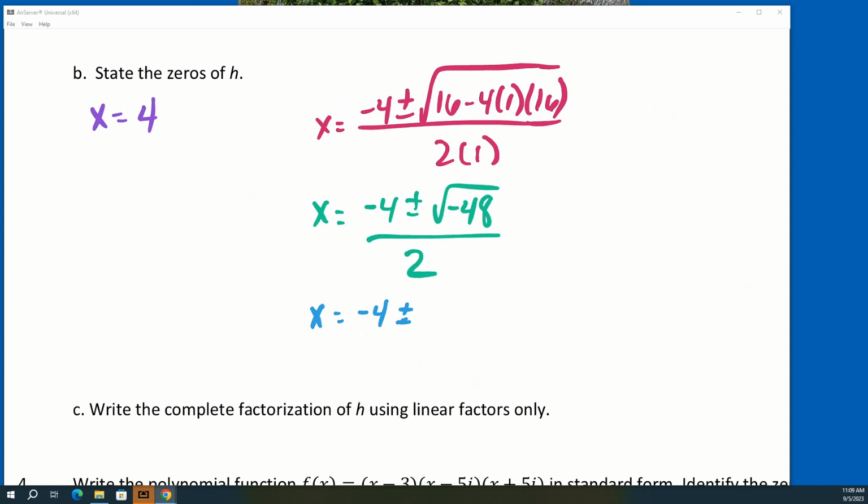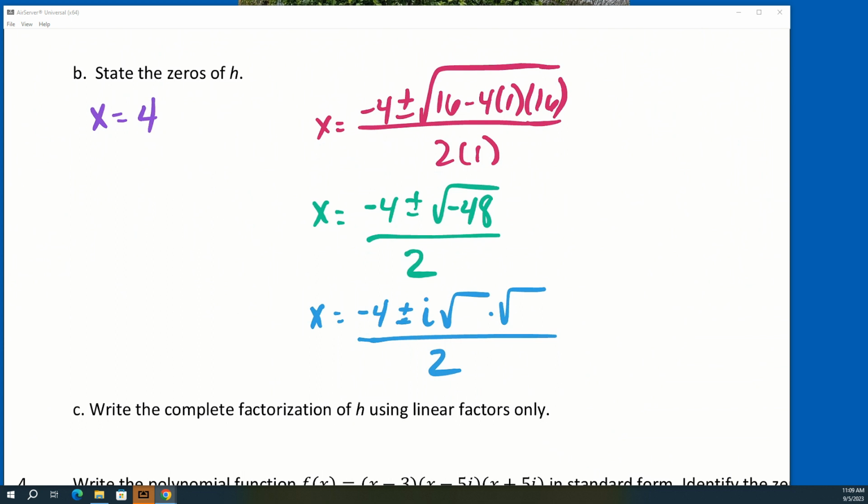Okay, so if there is a negative underneath the square root, what do we have to do? Pull out an i. Good. And then we can start thinking about that as positive 48. What's the largest perfect square that divides evenly into 48? There are two of them that do it, actually.